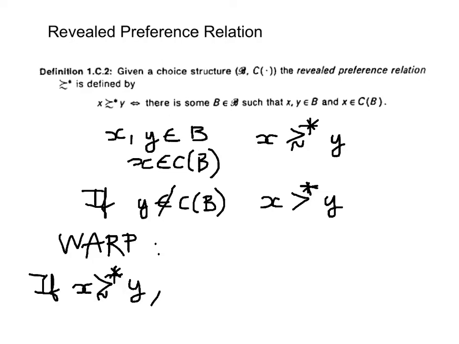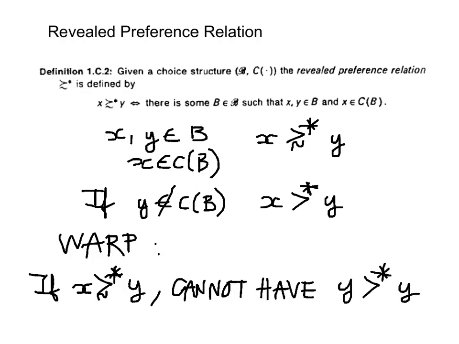We would have Y revealed preferred to X, right? So we cannot have Y revealed preferred to X. This is the restatement of WARP on page 11.